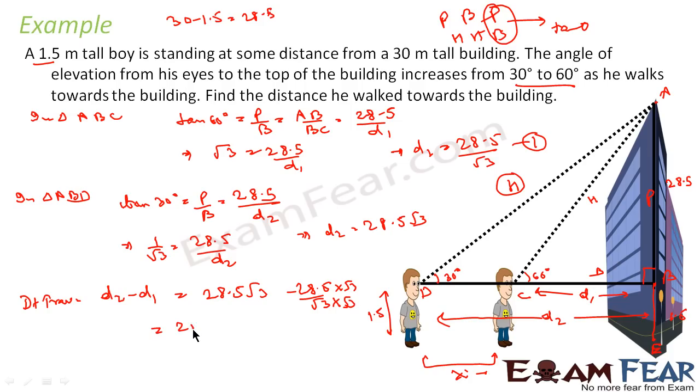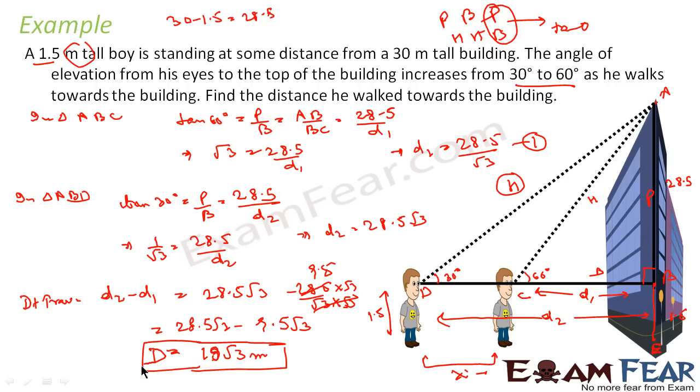So this becomes 28.5 root 3 minus 28.5 root 3 by 3. If you cancel, this becomes 9.5 root 3. So 28.5 minus 9.5 root 3 is nothing but 19 root 3, and the unit will be meter, because everything is in meter. So 19 root 3 meter is the distance traveled by the car.